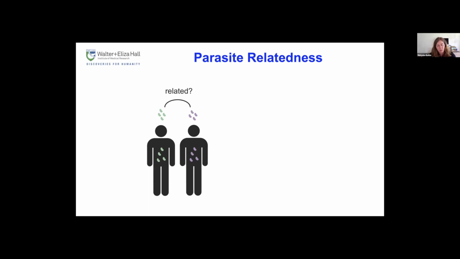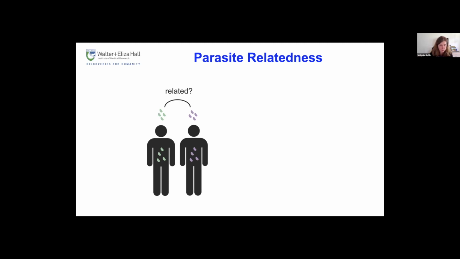So we have been working in malaria for quite some time, and you can ascertain the pathogens by taking blood samples from infected individuals. But individuals could be affected by more than one malaria infection, meaning genetically different organisms as well.